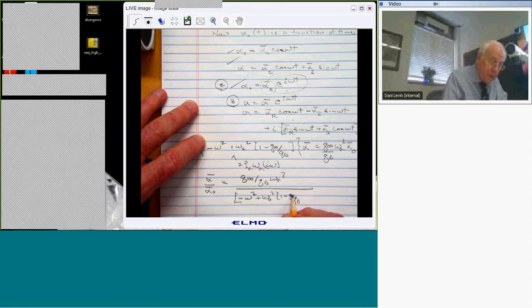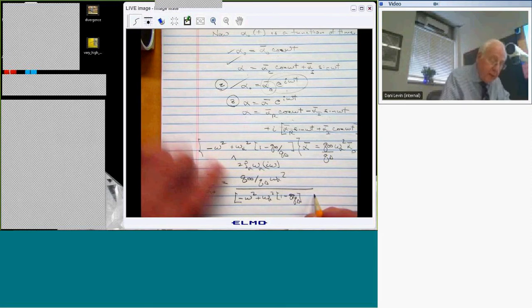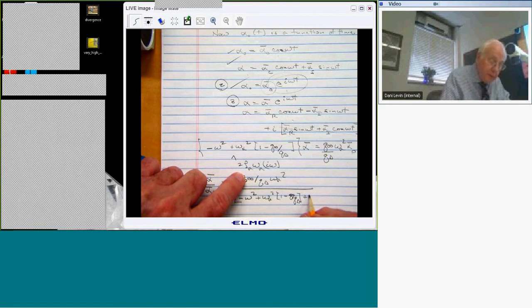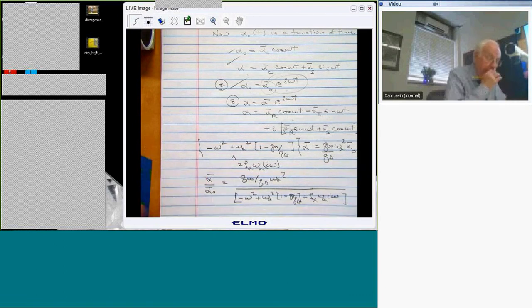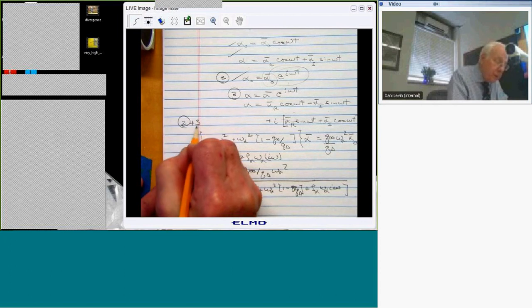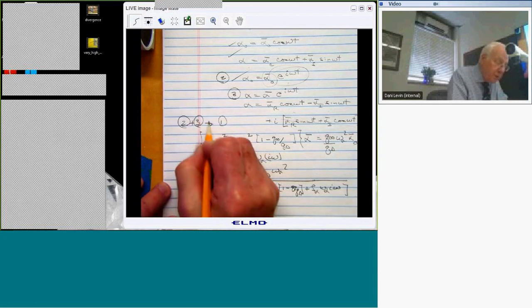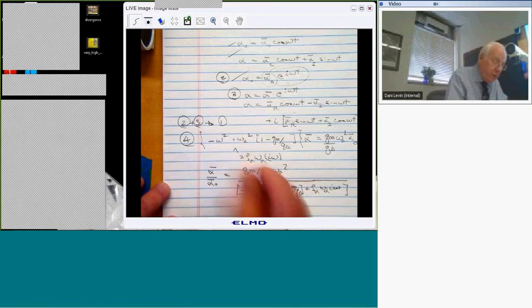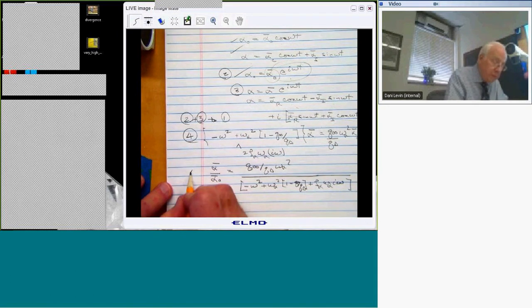And then I'm going to add in the damping term too, plus 2 zeta alpha omega alpha I omega. Okay? So 2 plus 3 in 1 produces 4, and rearranging 4 produces 5. Okay?